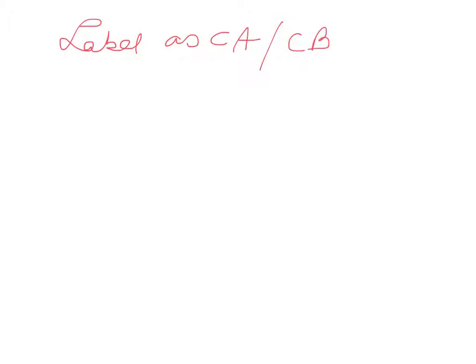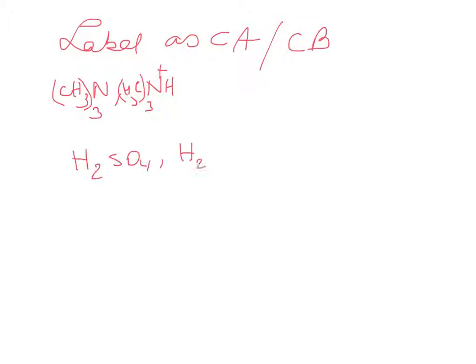So you are given one pair, which is trimethylamine and the corresponding trimethylammonium. There's another one which is H2SO4 with H2SO3. There's a third one which is HNO2 and NO2 negative.